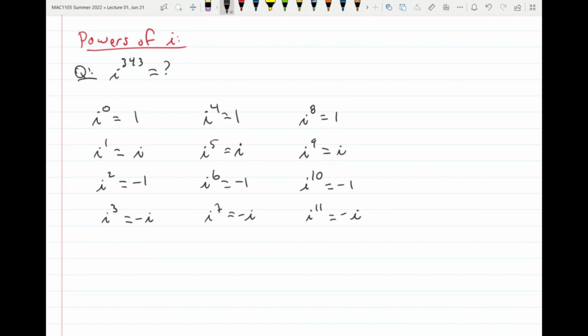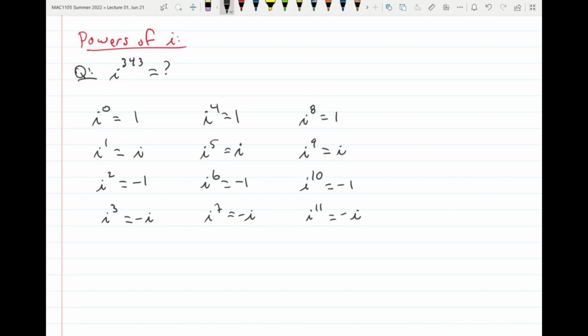How would you describe them all in one shot? For example, the ones on top, we said they are multiples of 4. How about 1, 5, 9, 13, 17? What do they have in common? Plus 1. Good, they happen to be one more than a multiple of 4.